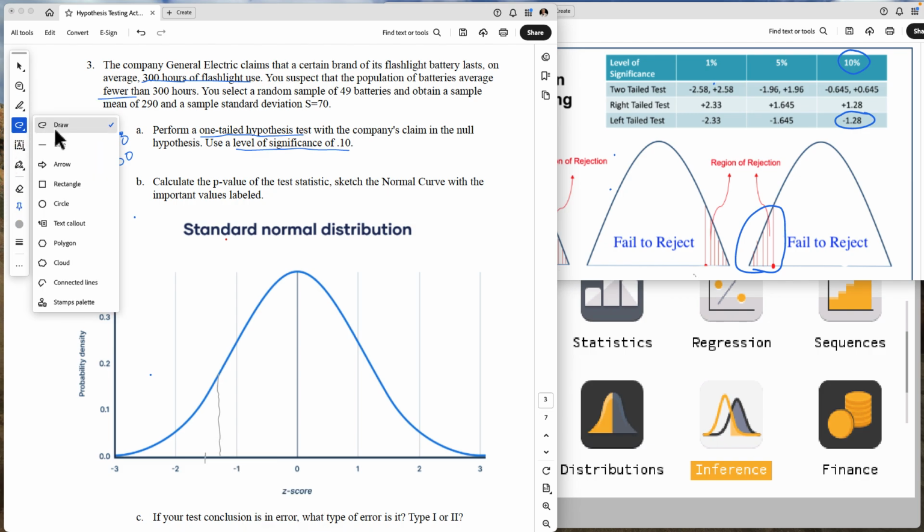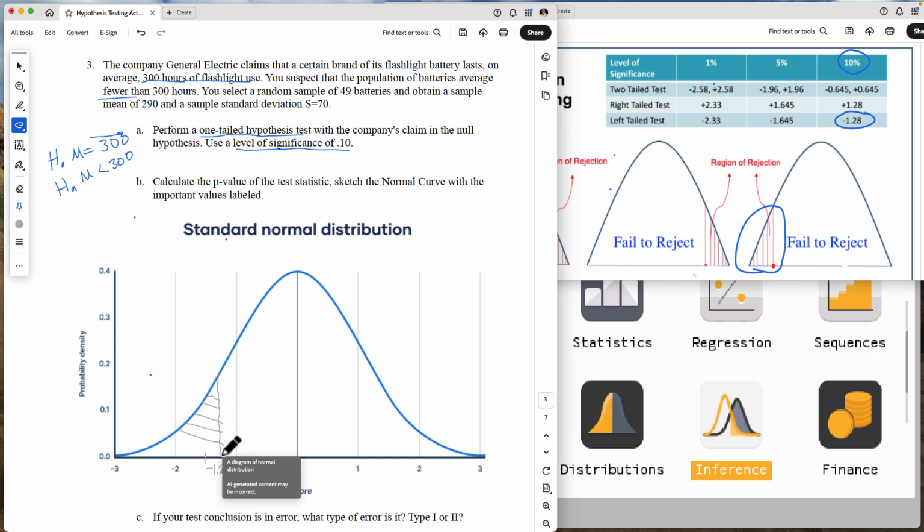We'll label this our 1.28, actually -1.28, and this is our rejection region. We're going to take that sample, have the calculator generate a test statistic, and see if it's in this region. If it is, we will reject. If it's not in that region, if it's in the usual region, then we fail to reject.